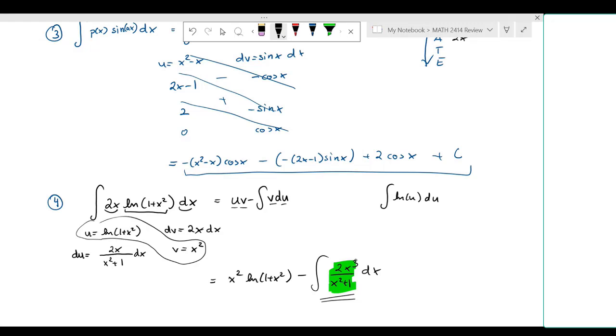But it's just that you can't use partial fractions until the polynomial in the numerator has to be a smaller degree than the polynomial in the denominator, right? The degree in the numerator is 3. The degree in the denominator is 2.